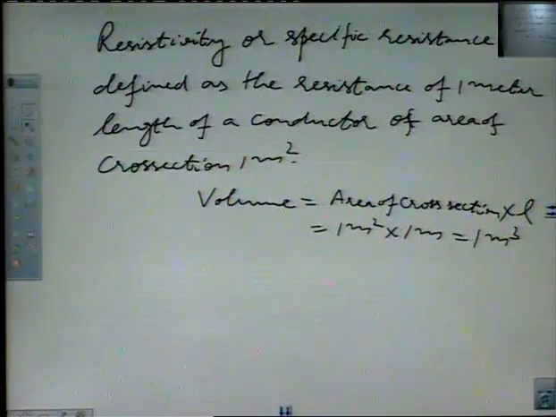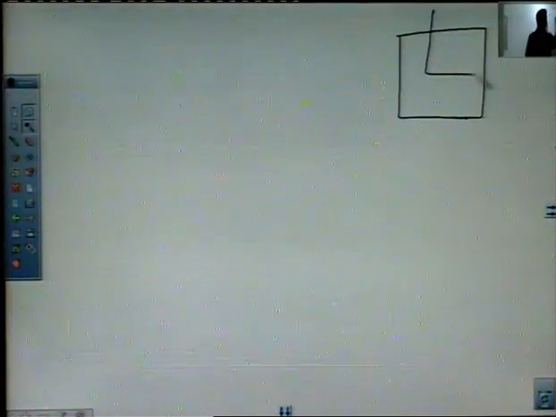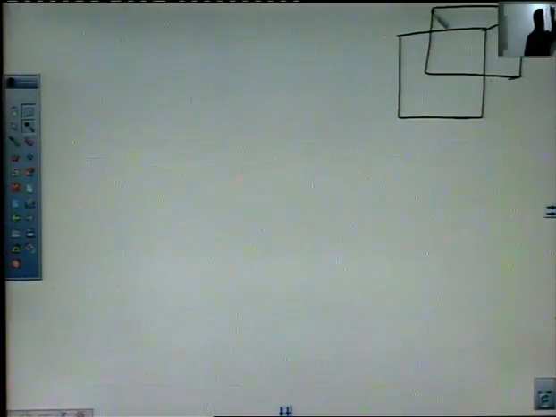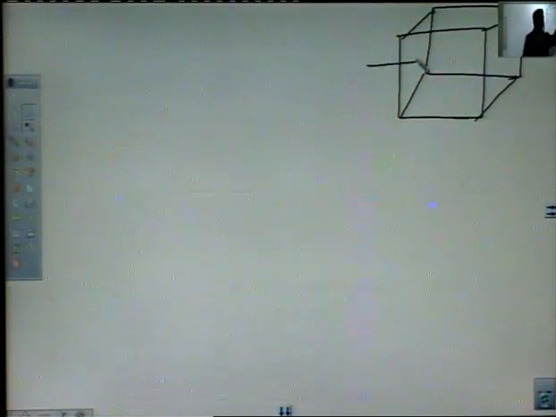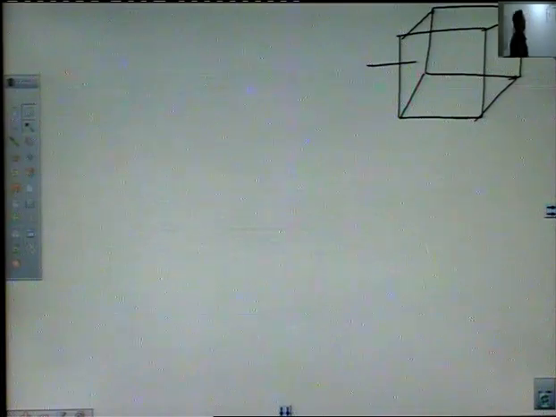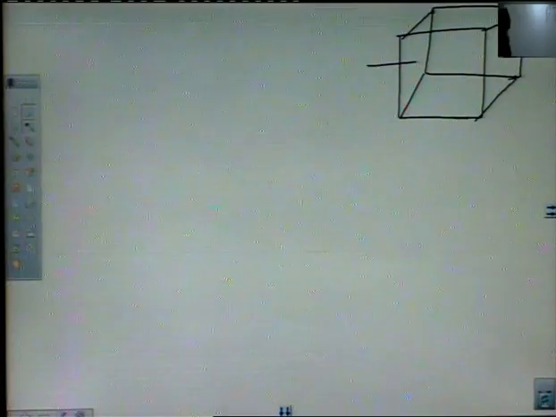So, this gives us another way to define the resistivity of a material, that if we take 1 meter cube of a material then the resistance between the ends of this material will be resistivity of the material.